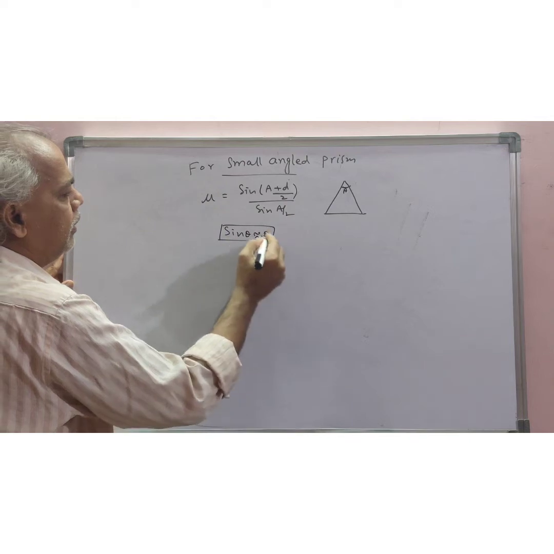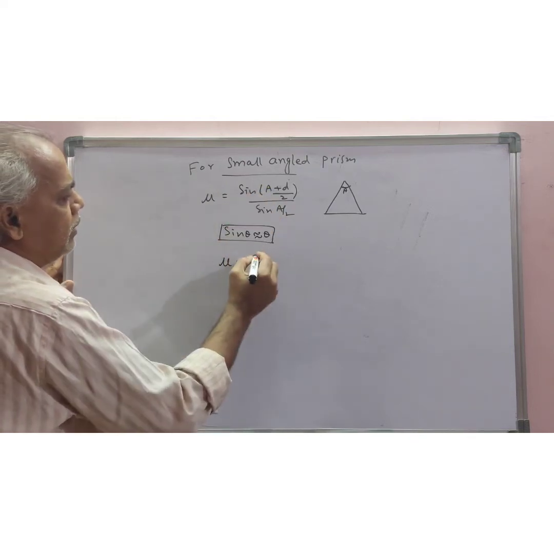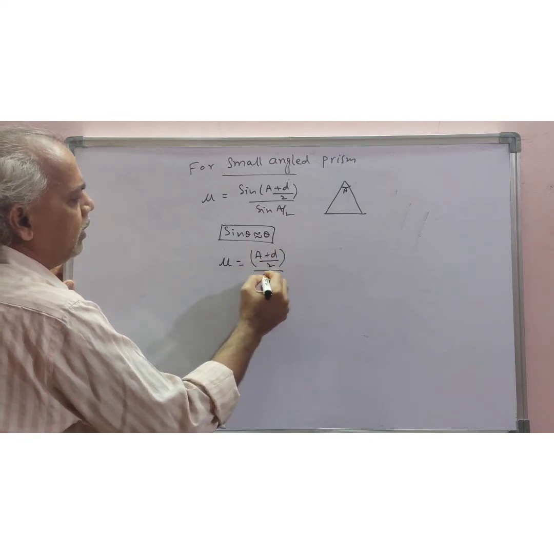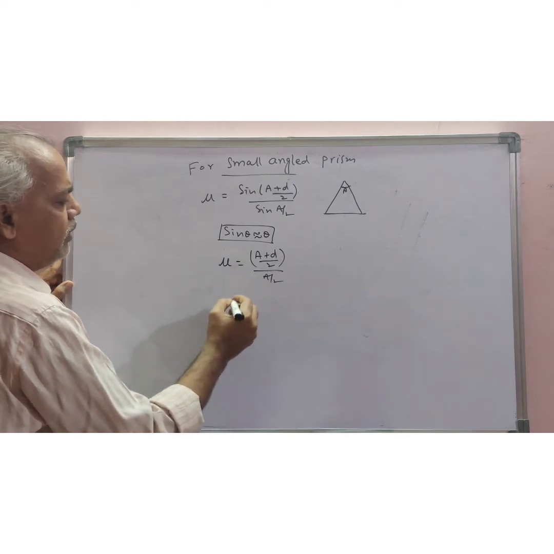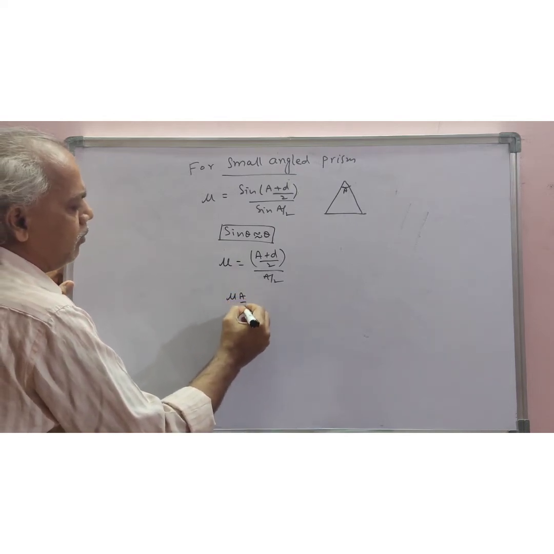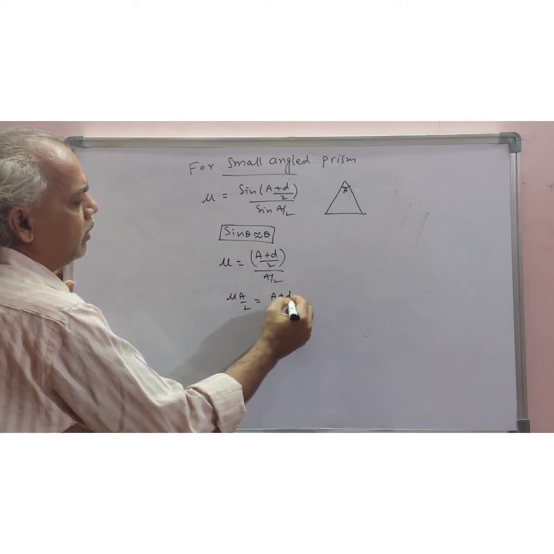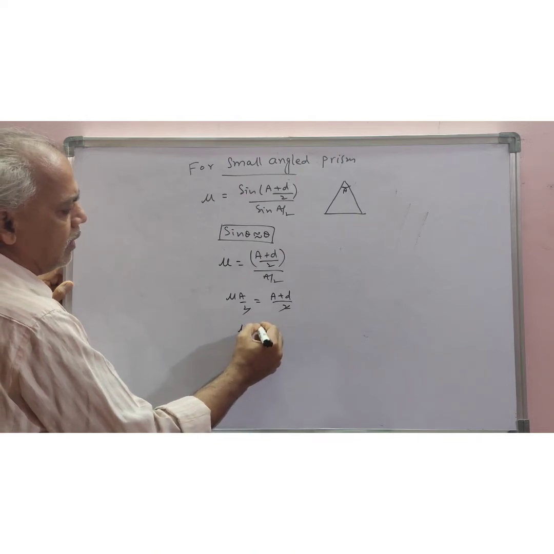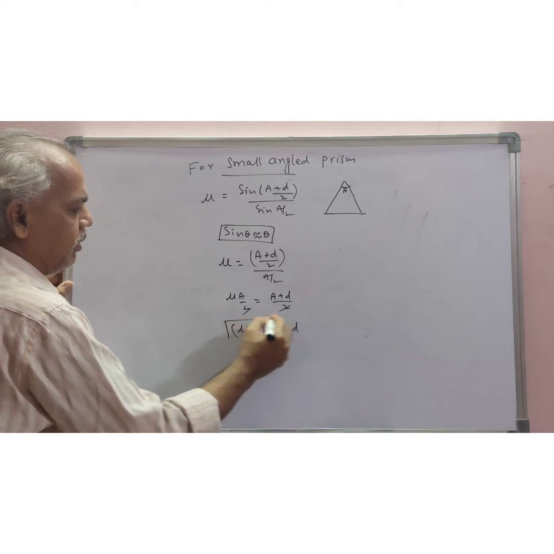So in this expression, μ is equal to (A plus δ)/2 by A/2. Simplifying, μ into A by 2 is equal to (A plus δ)/2. Here 2 will cancel, and (μ minus 1) into A is equal to the angle of deviation.